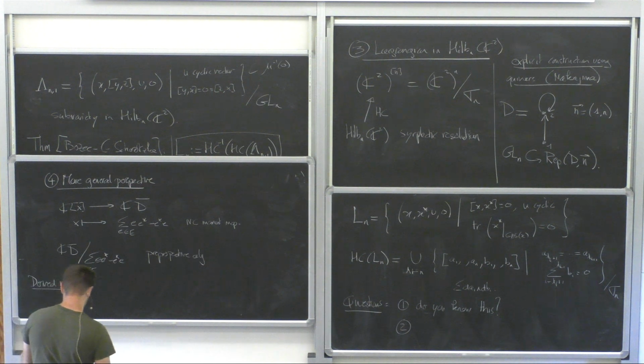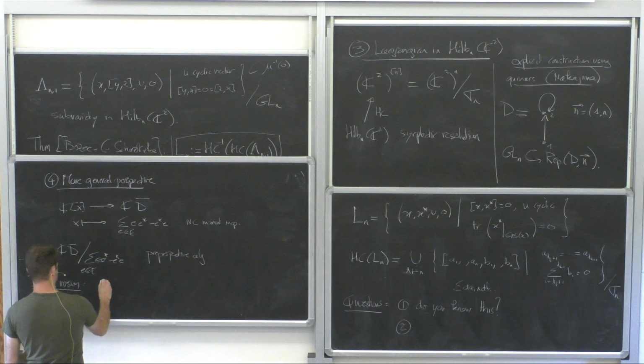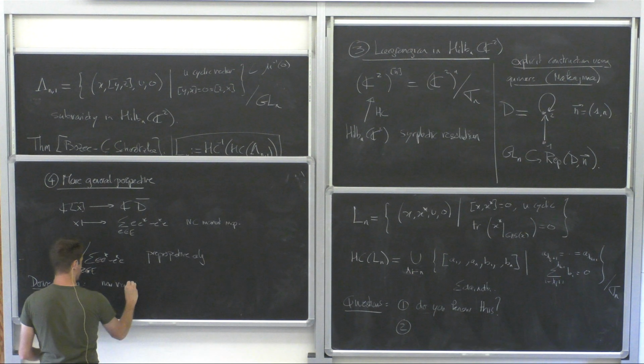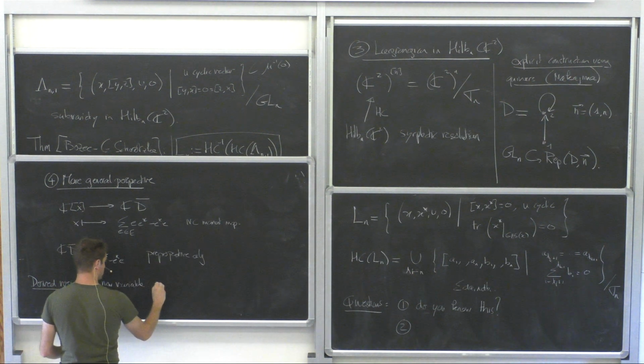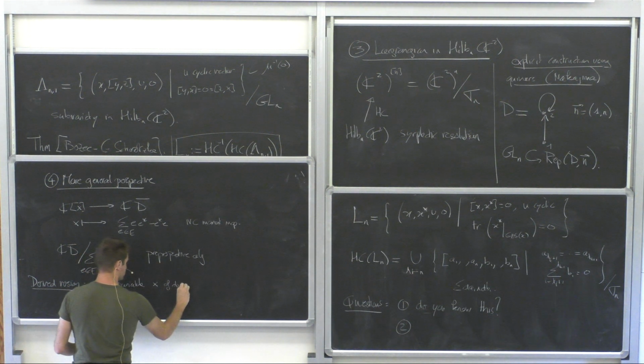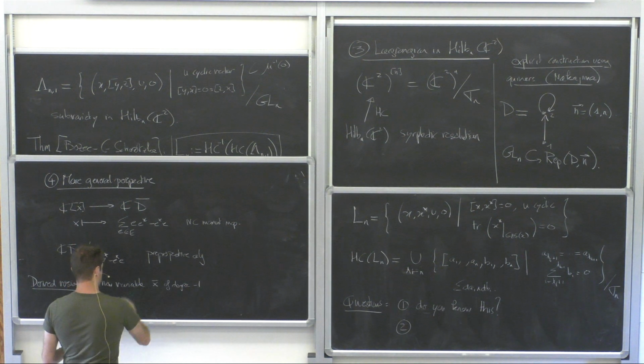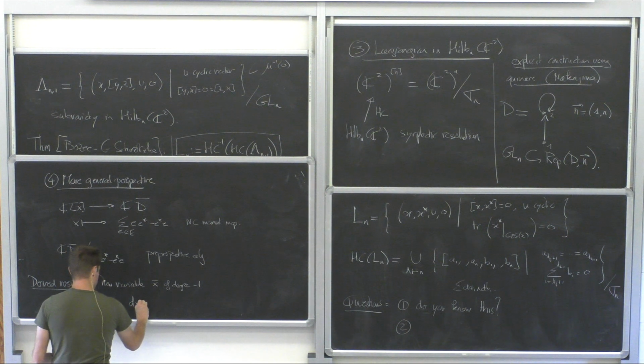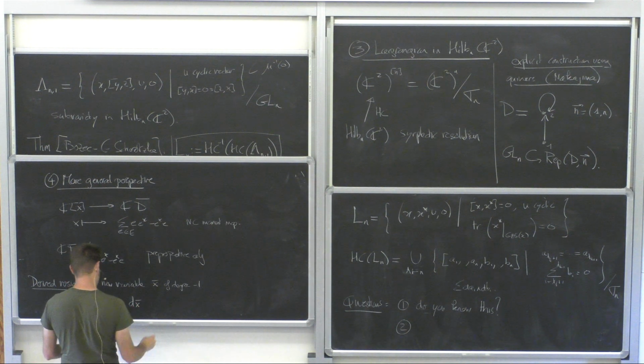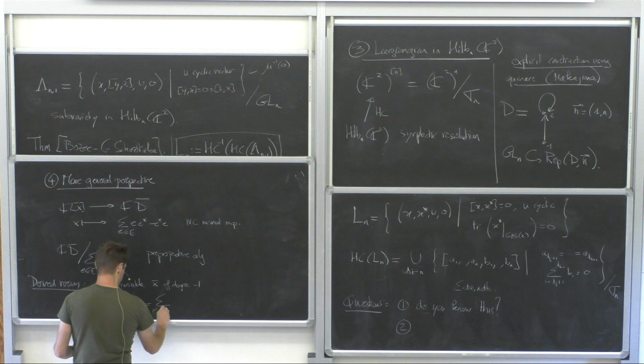So what you do is add a new non-commutative variable, let's say x of degree -1. Let me call it x bar, and we define the differential dx bar to be the value of the non-commutative moment map.